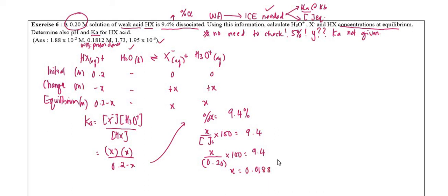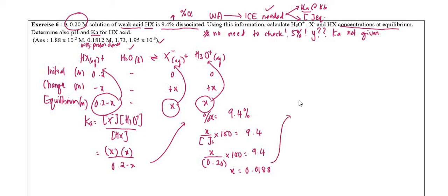Next, after you get the value of X, this X refers to this concentration, and you get the concentration of H3O plus at equilibrium. So X equals concentration of X minus equals concentration of H3O plus equals 0.0188 molar.